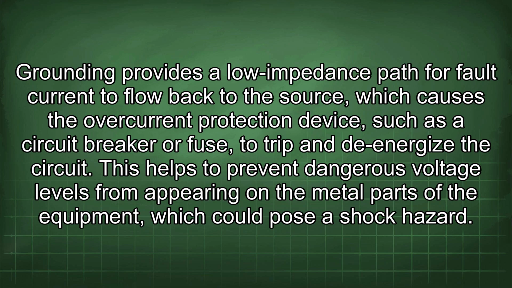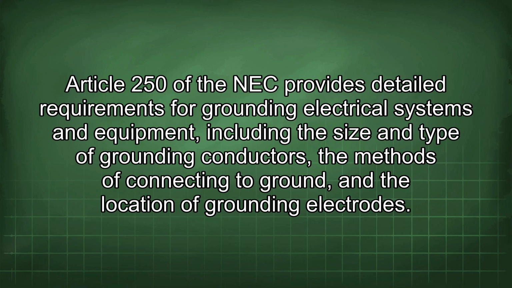This helps to prevent dangerous voltage levels from appearing on the metal parts of the equipment, which could pose a shock hazard. Article 250 of the NEC provides detailed requirements for grounding electrical systems and equipment, including the size and type of grounding conductors, the methods of connecting to ground, and the location of grounding electrodes.